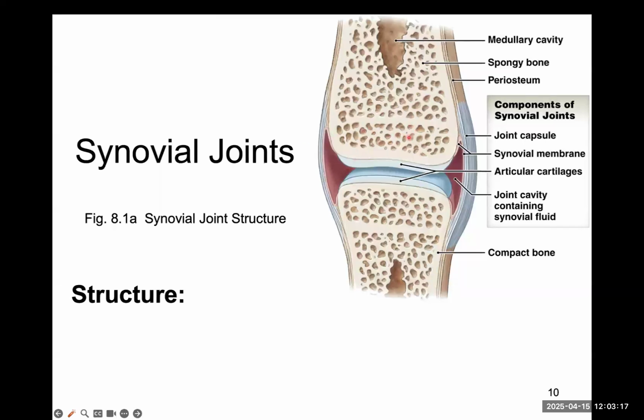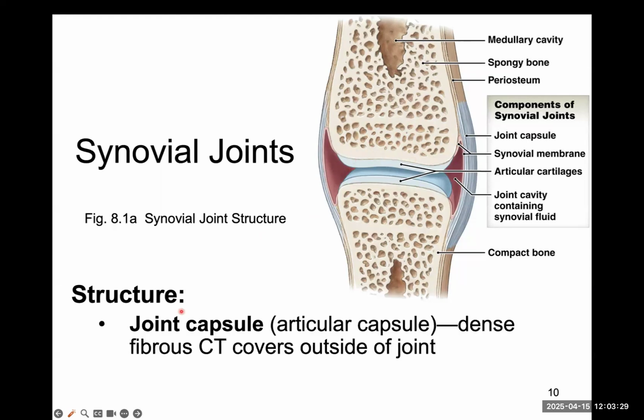A capsule is something that contains the fluid, and articular capsule refers to a joint. So the joint capsule, or articular capsule, is made up of dense fibrous connective tissue that covers the outside of the joint. There's also going to be a synovial membrane on the inner side, and then articular cartilages that keep the two bones from rubbing on each other, creating a soft surface.